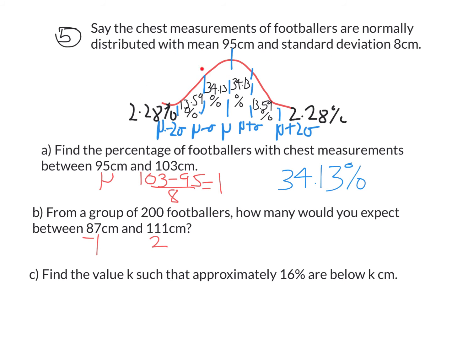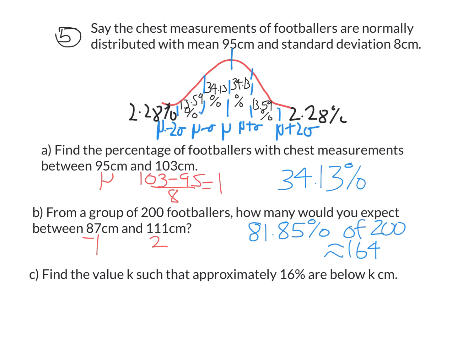Well, for any normal distribution, there are always 34.13 plus 13.59, so there are always 81.85% of scores between 1 standard deviation below the mean and 2 standard deviations above. So the number we'd expect is just 81.85% of 200, and that's closest to 164.